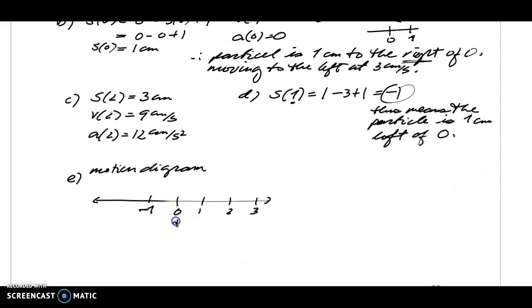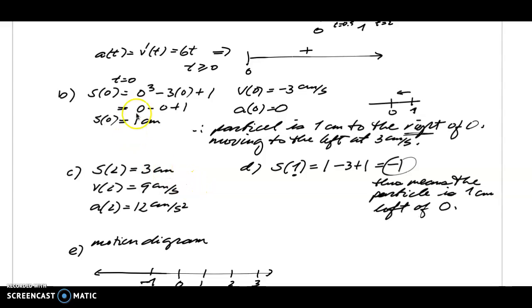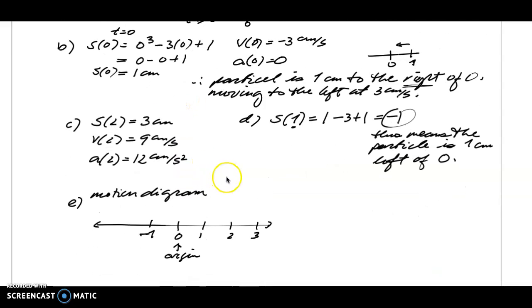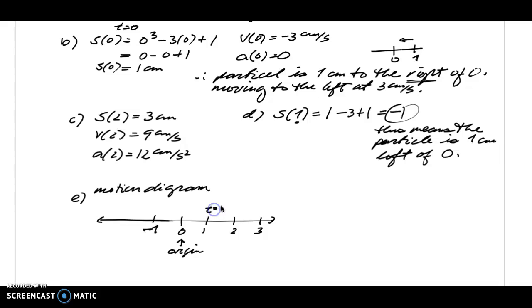So this is our origin, our 0. That's our O, right? Origin. So that means for t equals 0, where am I? At 1. I'm right here. So what I'm doing is I start here, and I'm going to move this way. And at minus 1, we turn around. Now we're coming back. So this is t equals 1.